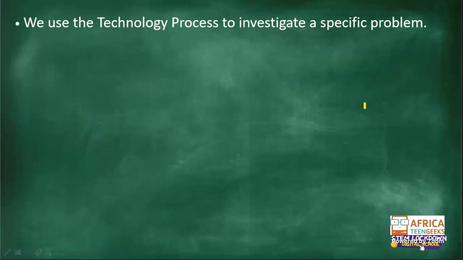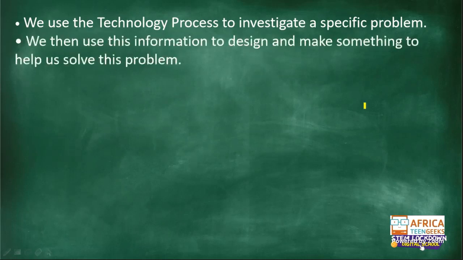We use the technology process to investigate a specific problem. Then we use this information to design and make something to help us solve this problem. Okay, so I am going to put it into practice for you just now when we read a little scenario and we are going to address a specific problem. Okay.